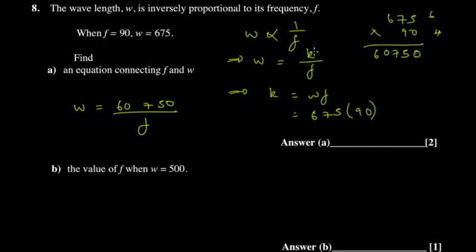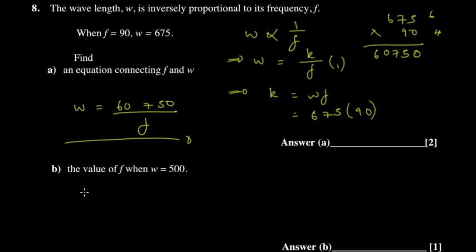The constant k is found by multiplying, then you go back and substitute this value of k, so you actually get this one. Done.